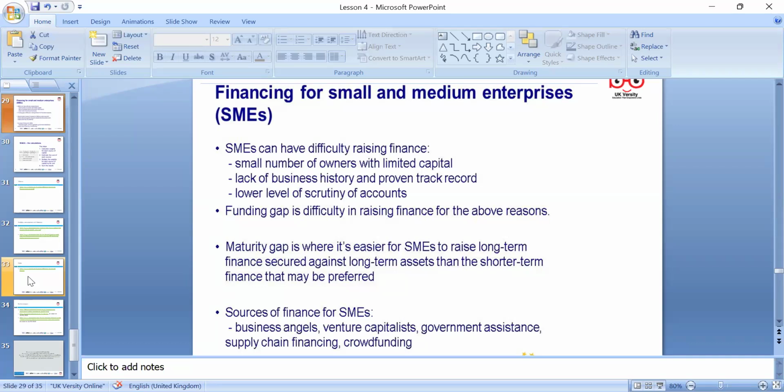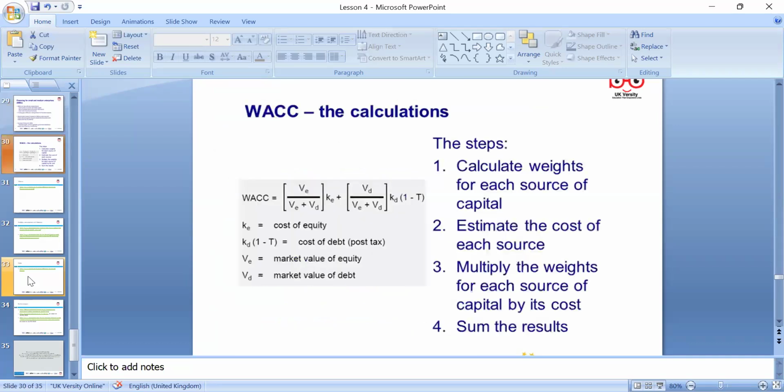We need to keep all these factors in mind. The sources of finance for SMEs are business angels, meaning rich people, venture capitalists, government assistance, and the supply chain, where we can get credit in terms of goods.